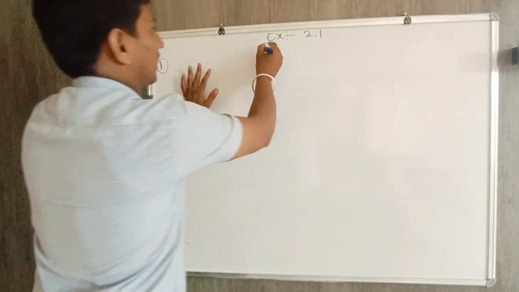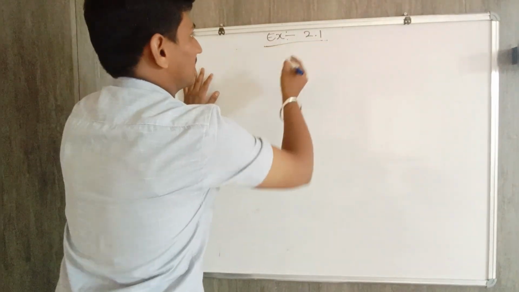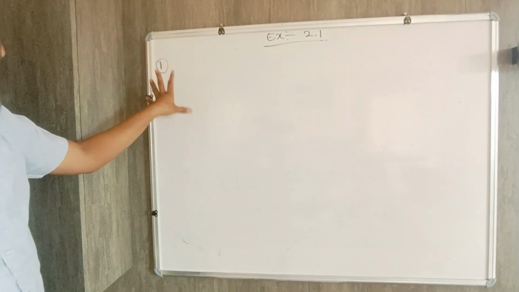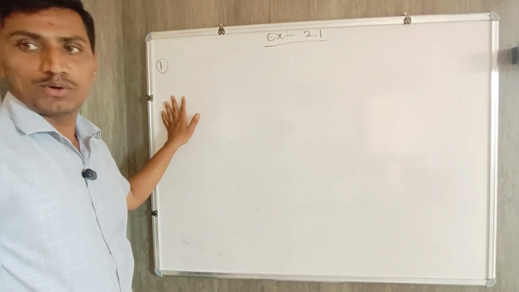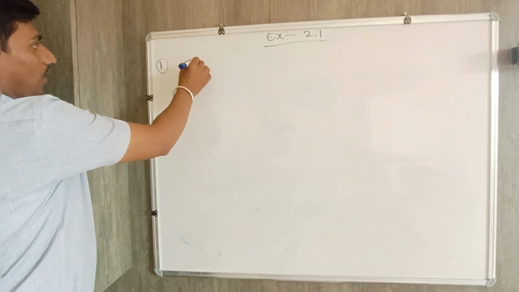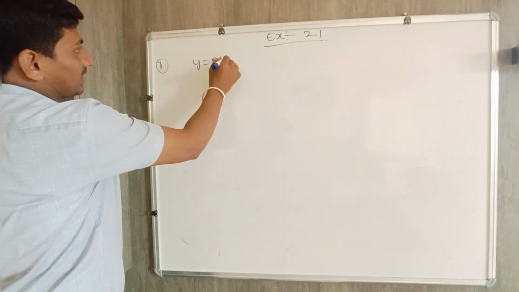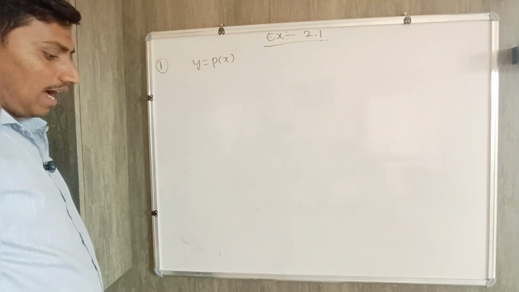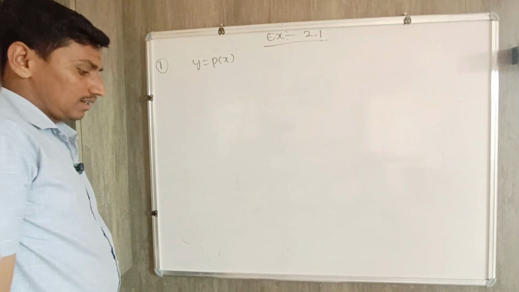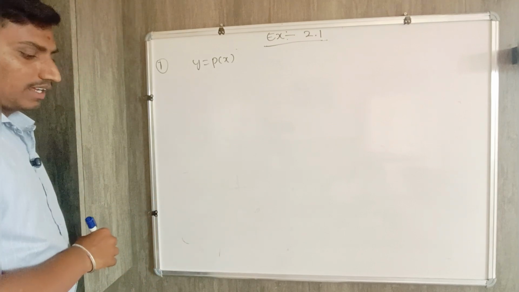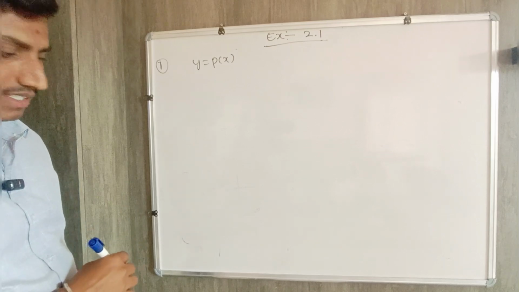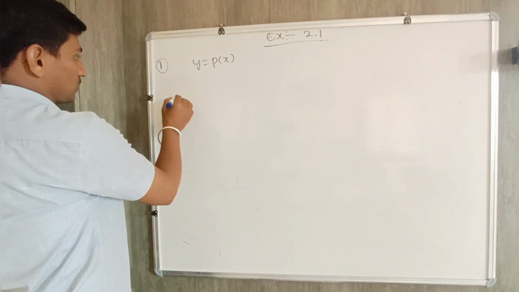Okay, now exercise 2.1, first bit. What are they asking? The graphs of y equal to p of x are given in the figure for some polynomial p of x. Find the number of zeros of p of x in each. So see the first one.